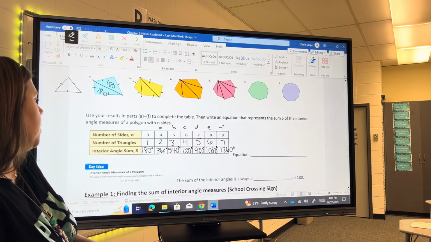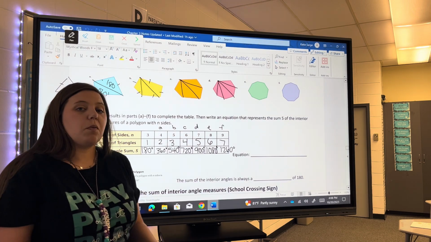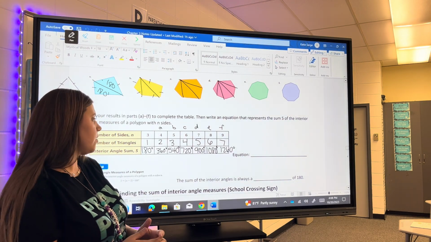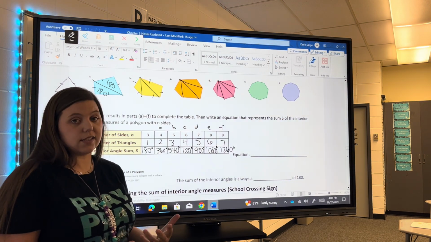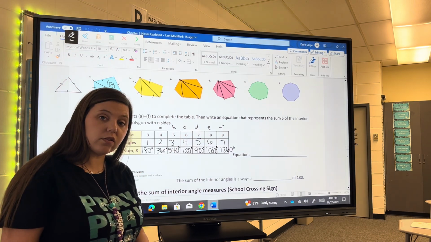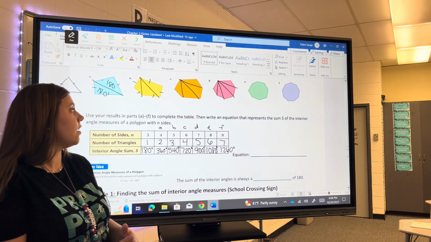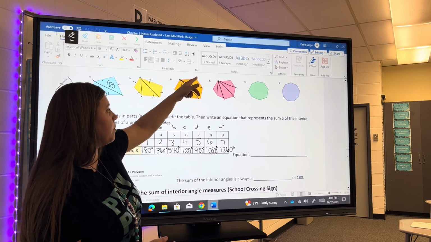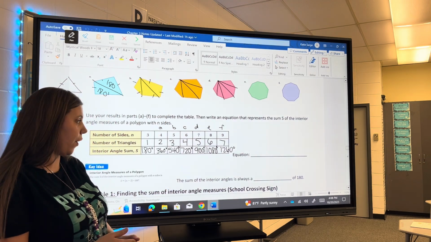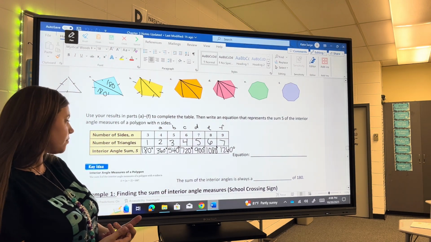Okay, but using this information, we can come up with an equation rather than, again, like I said, drawing every single one of these triangles and multiplying 180 by however many triangles that we had, okay? There's an easier method.